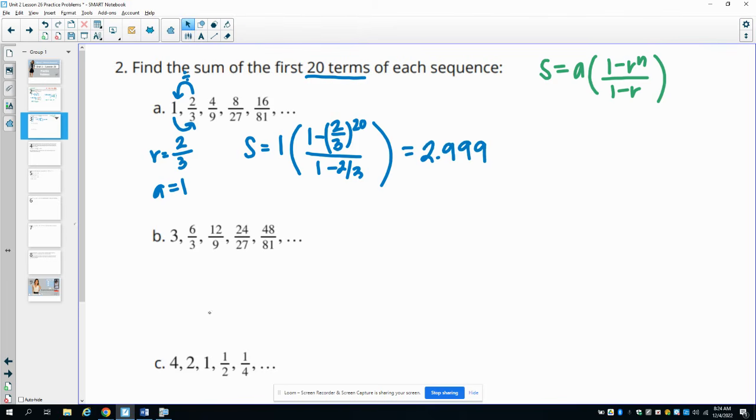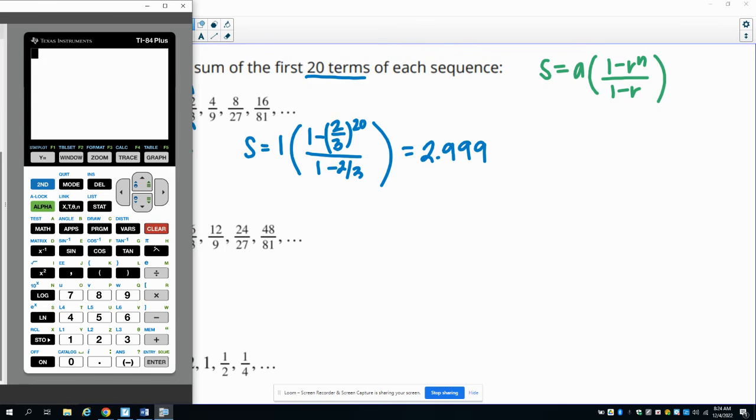And you could do that in steps if you don't want to try and type the whole thing into your calculator. So you could do 2/3, hit enter, bring that to the 20th power. Okay, so that's this. Then do 1 minus. Now this little thing right here says answer. So you could hit second and then your negative sign.